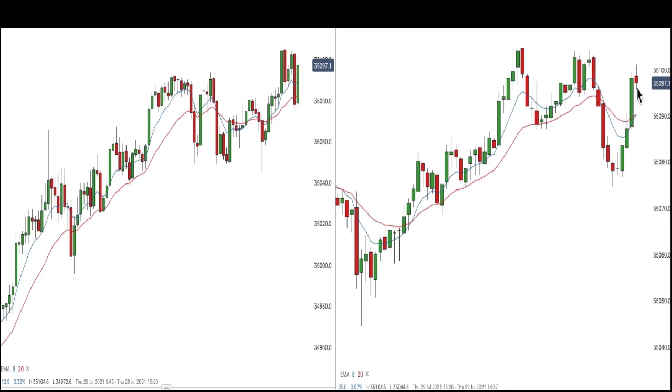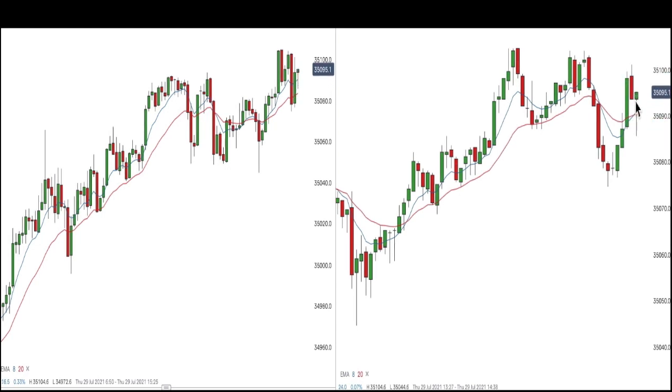So I'm looking for this candle, which is the one before the open, to pull back, or the open to go red. Here we go. There, red and then green in. Long.